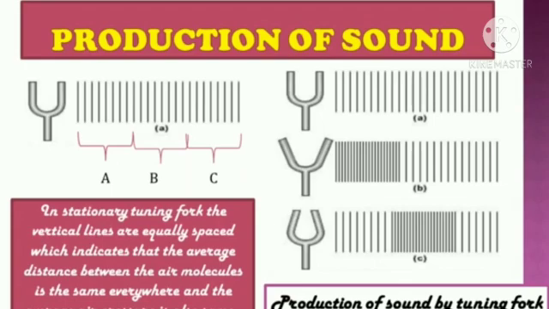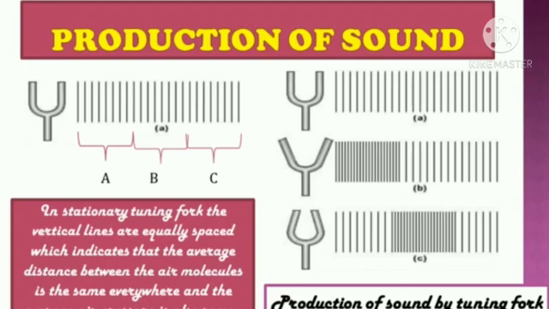In figure A, a stationary tuning fork is given, and to show the state of air around the tuning fork, vertical lines are used. The vertical lines are equally spaced.